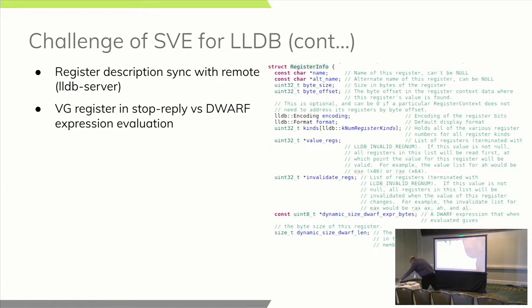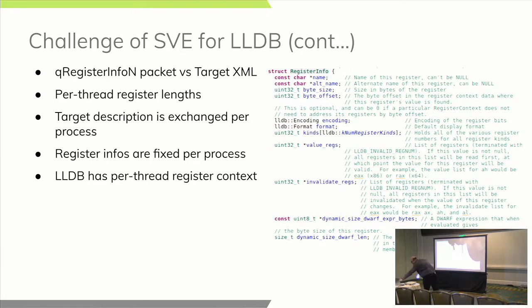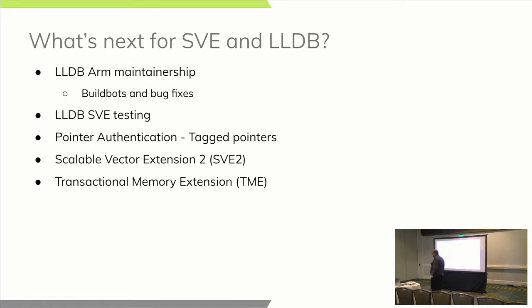In the last part, I'm just going to talk about a few projects that we are doing. We are doing LLDB ARM maintainership using buildbots and trying to fix some bugs. We are doing LLDB SVE testing using QEMU, and we are looking for some other options for that.